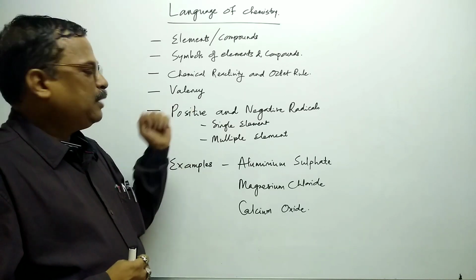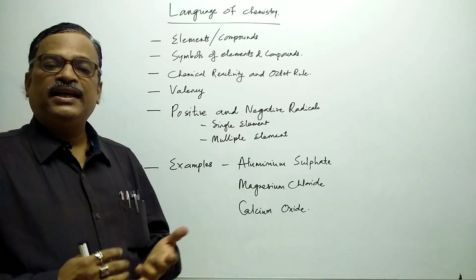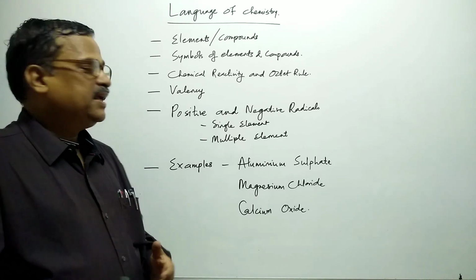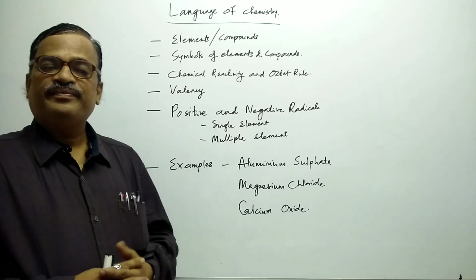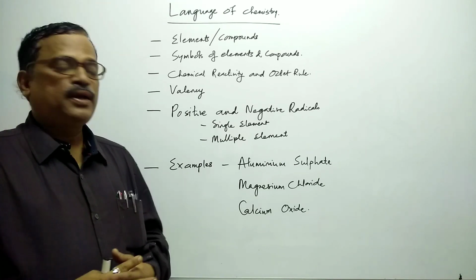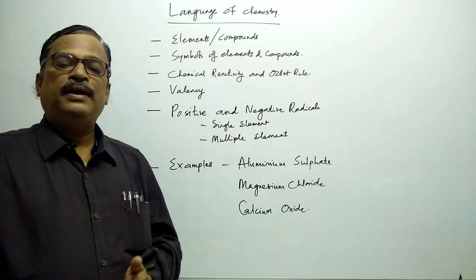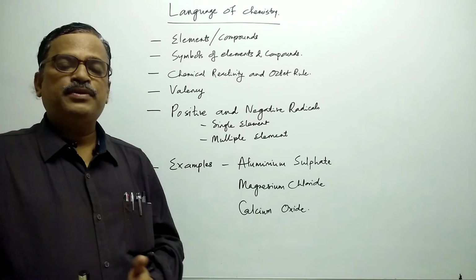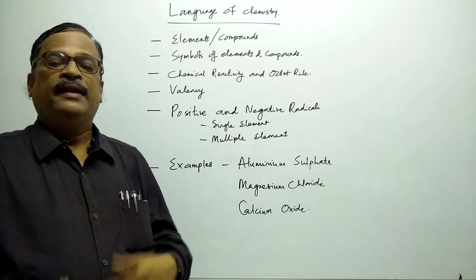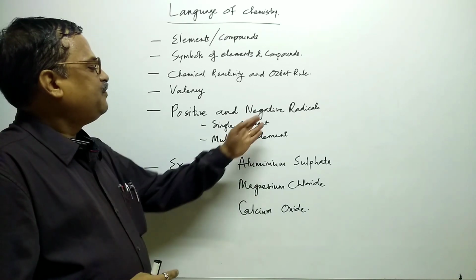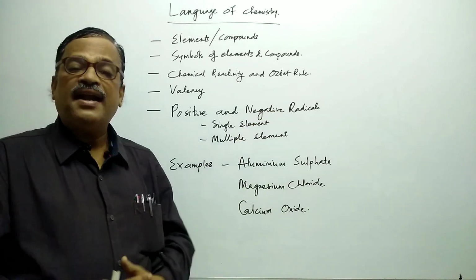If an element gives electrons, obviously it gets a positive charge and forms what is known as a positive radical. If the same element takes electrons, then the atom is going to get a negative charge, and as a result it forms what is known as a negative radical.